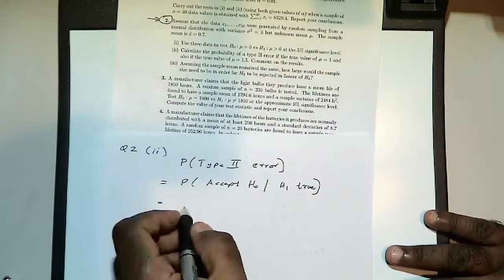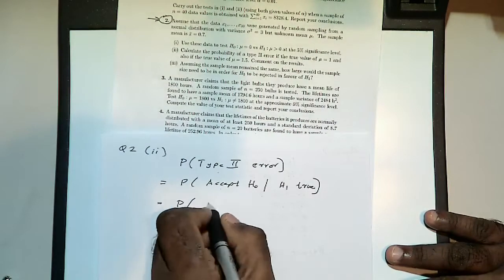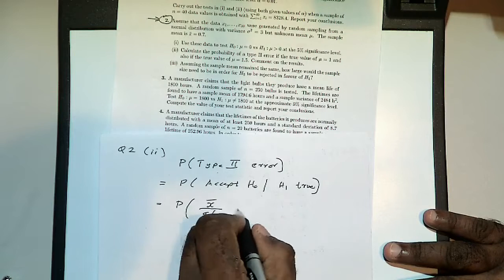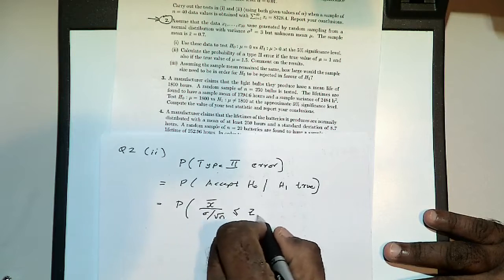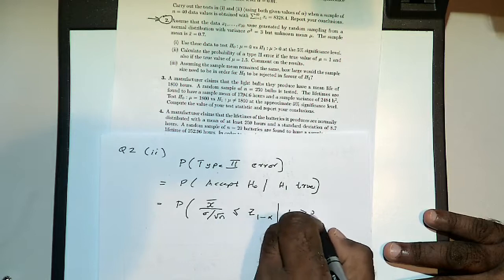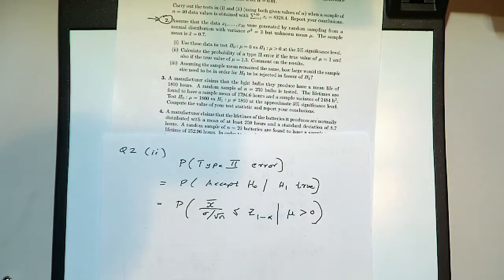So this is the probability of x bar divided by sigma by root of n less than or equal to z 1 minus alpha when mu is greater than 0. You follow me? Yeah? So this is the probability that you need to work out, right?